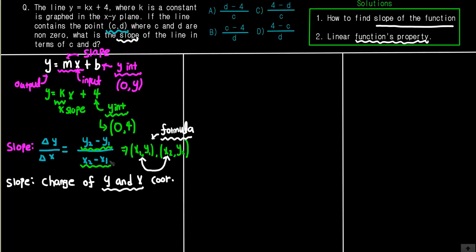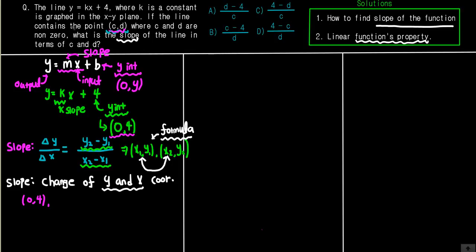In order to find the value of a slope, we need at least two points. The first one we found from the y-intercept of y equals kx plus 4 is (0, 4), since the y-intercept means the y value when x equals 0, which in this case is 4.